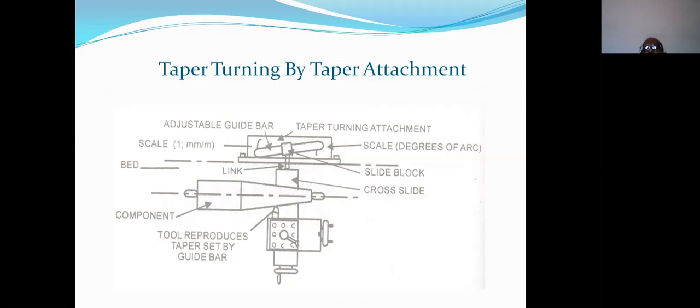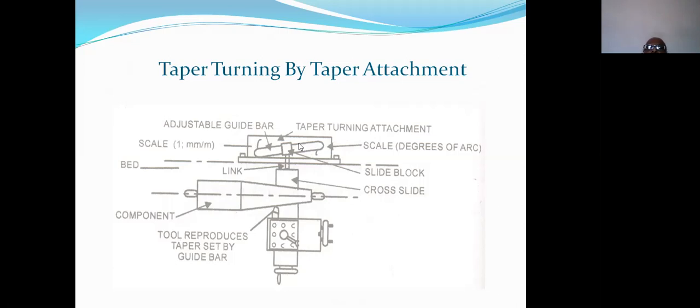Why does the taper turning attachment not need to be in front of the operator? Because it is adjusted at the beginning of the operation only. Once it is adjusted to the required angle, there is no need to move it in the later stage.